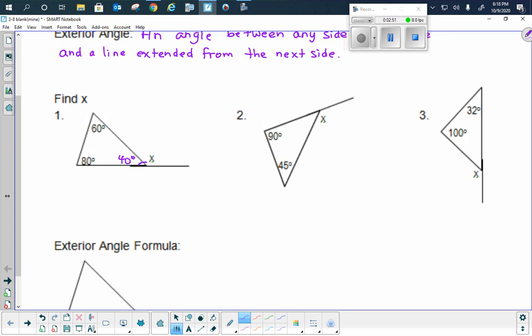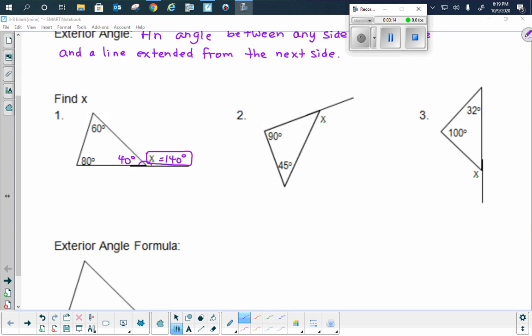And then if I did the straight angle, I would see that x is 180 minus 40, which is 140 degrees. Okay, so x equals 140 degrees. And I could just box that right there in the picture for myself.